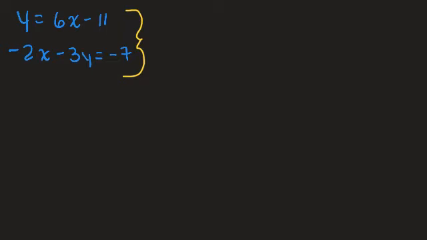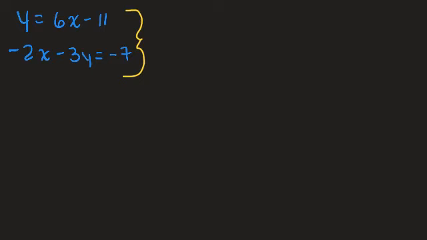Well, we have already learned that you can graph them and find out visually where their intersection is. However, you don't always have graph paper handy, and the equations are not always in a nice, easy graphing format. Here, you see that one of them is. Can you tell which one is ready to be graphed? If you said the top one, you're correct.